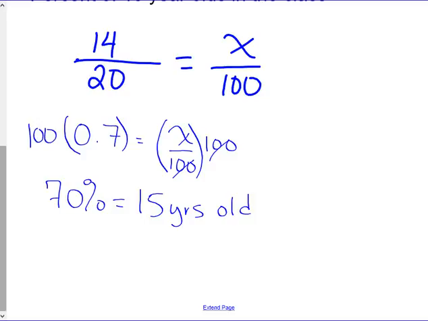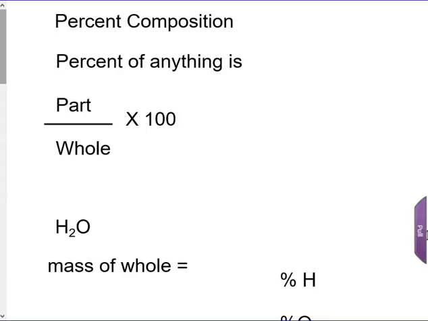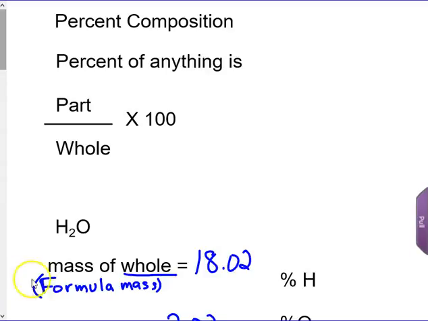Now, when you take a look at percent composition in terms of mass, what we need to do is think about the mass of the whole substance. Now, when we talk about the mass of the whole, what we mean there is the formula mass. So, if you calculate the formula mass of water, you get 18.02. I'm going to go ahead and make my chart so you can see what I mean and how I solve for 18.02.